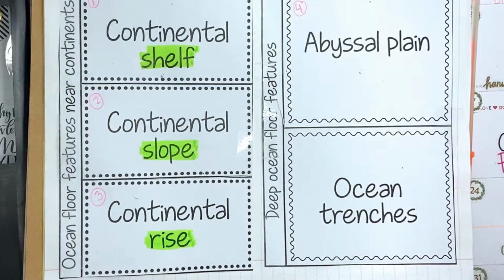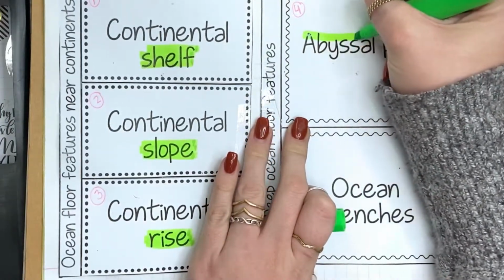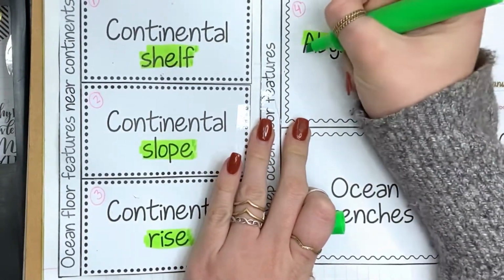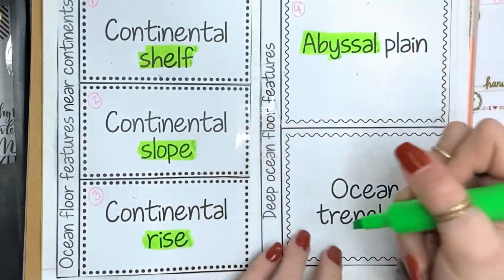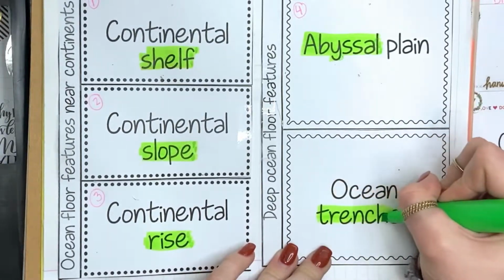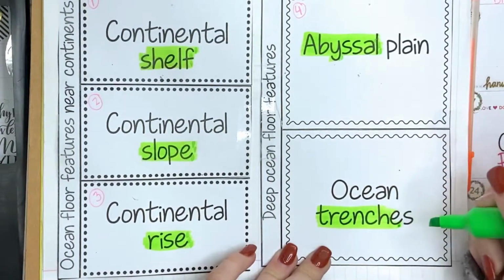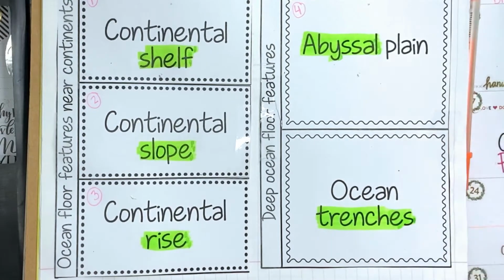All right, then I'm going to highlight the word abyssal, because we're going to describe what that word specifically means. And then I'm also going to highlight this word right here, trench. Okay, so I've gotten all my important words highlighted.